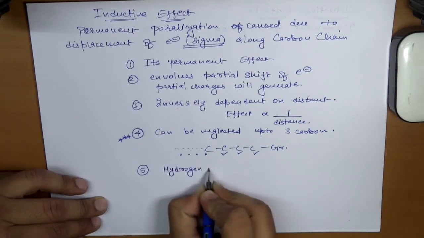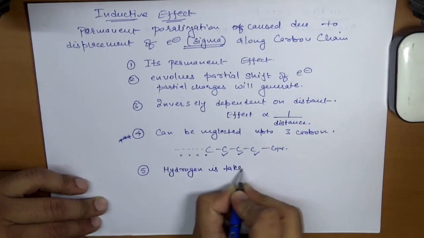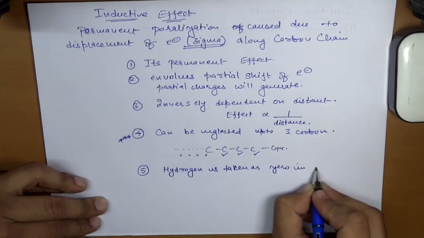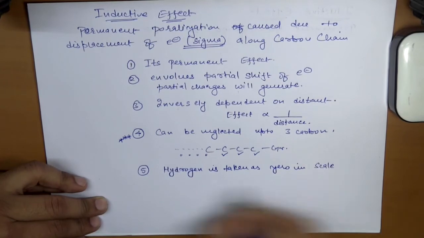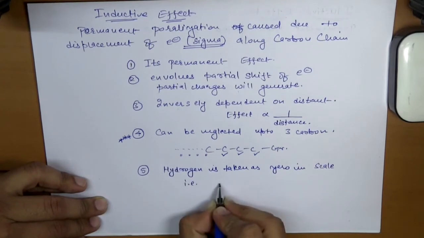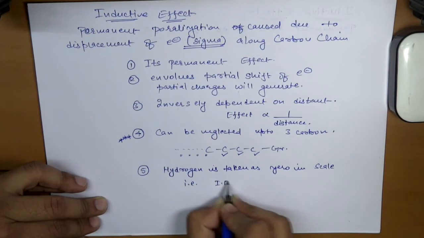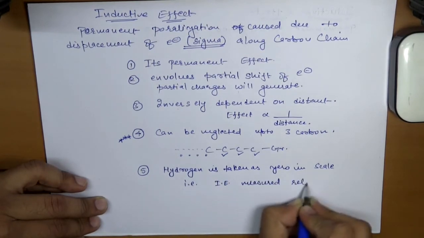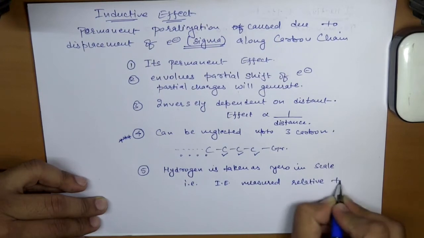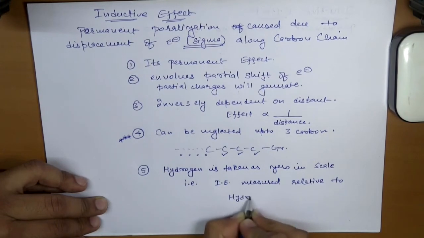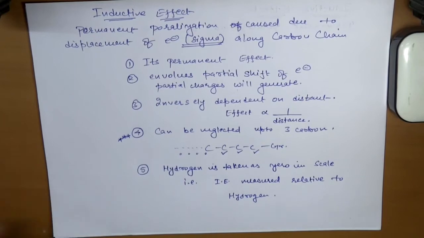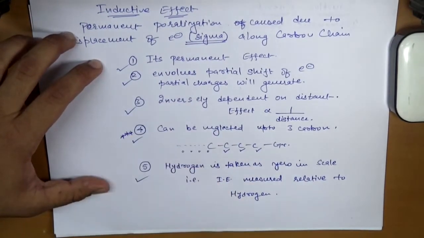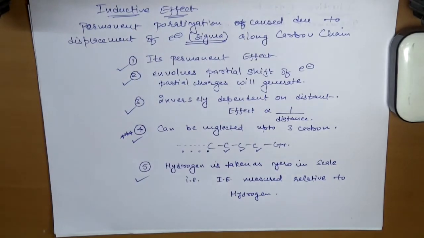Hydrogen is taken as 0 in the scale. That is, inductive effect is measured relative to hydrogen. So these are 5 very important points about the inductive effect.